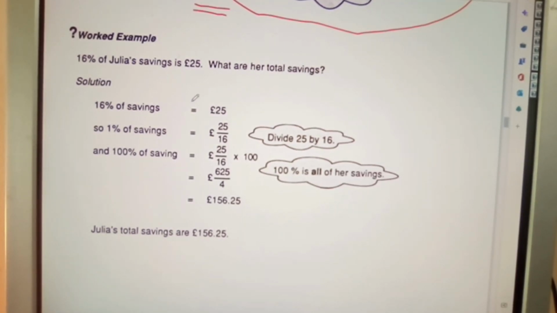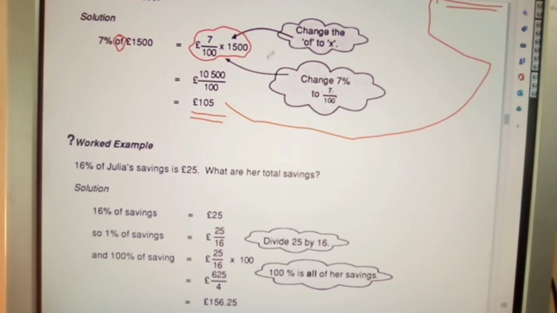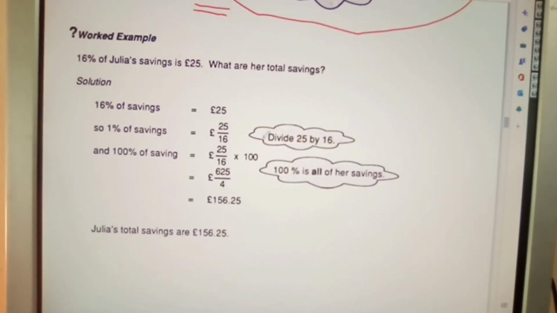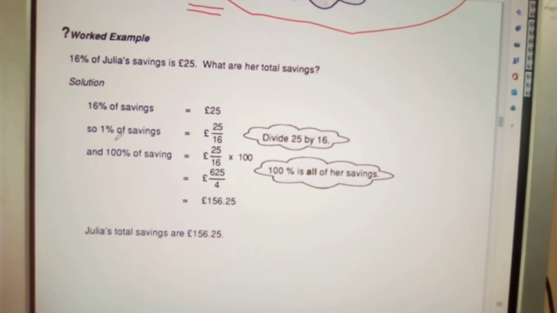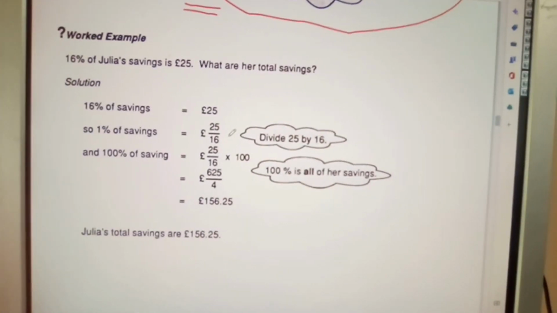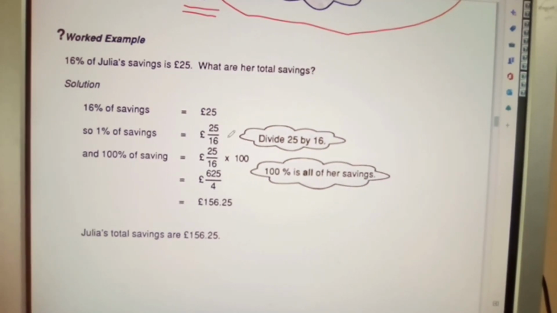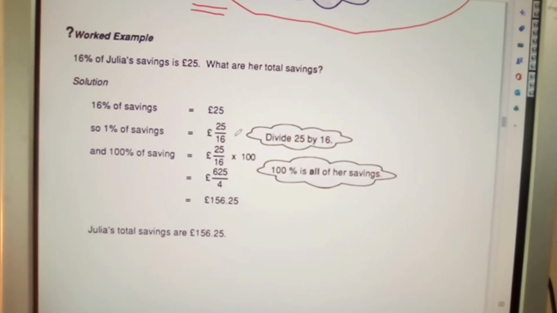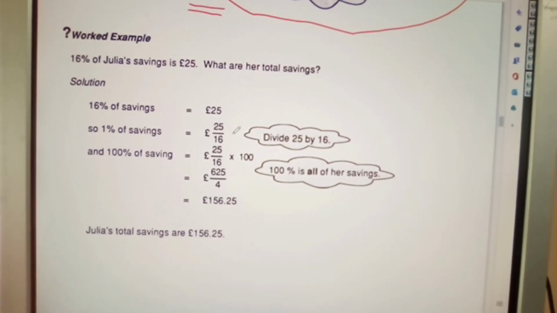16% of savings. Applying the principle that we did earlier, we will take that as equal to £25. So 1% of savings equals... we're looking at 1% of savings.